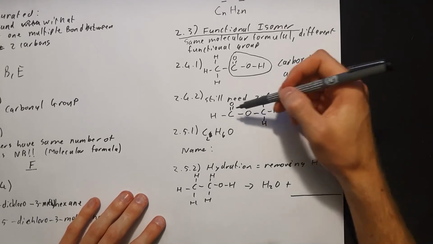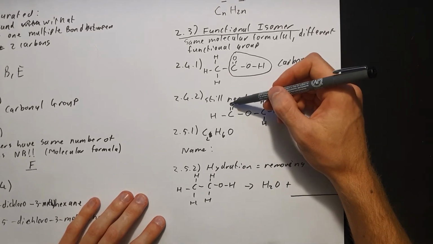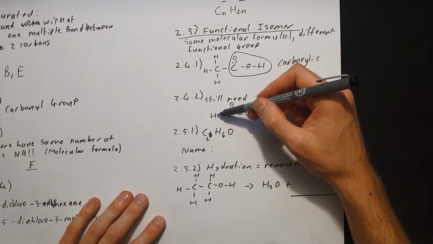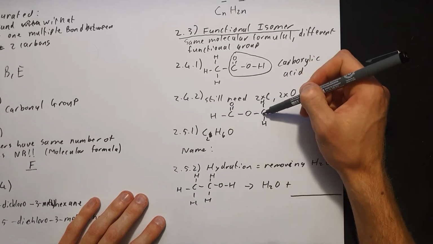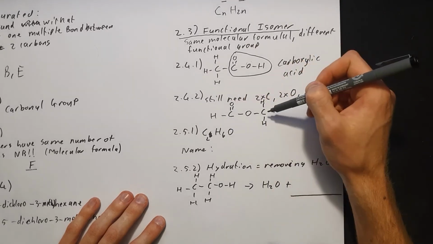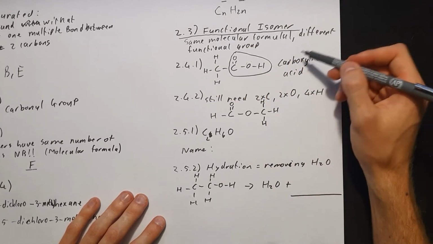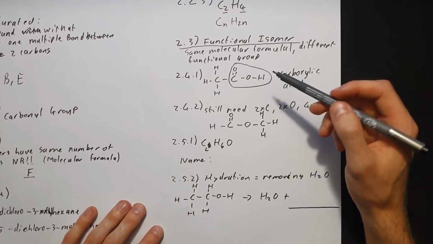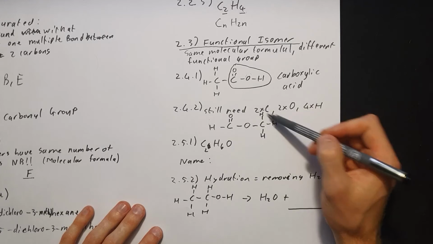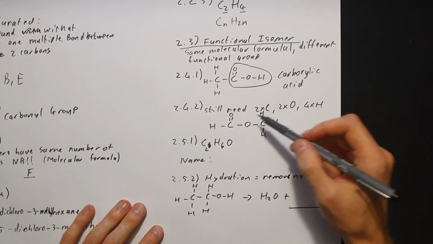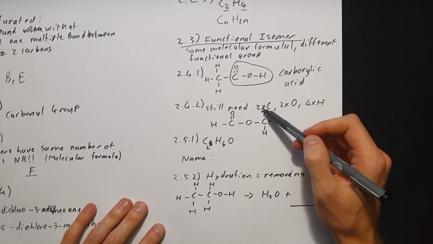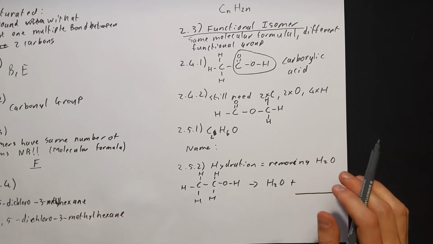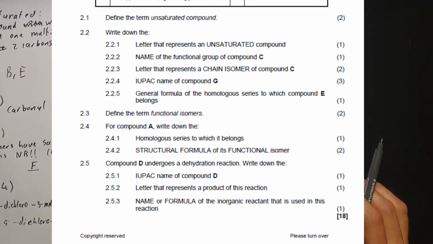So I've kept the double bond, I've just shifted the oxygen to between the 2 carbons. Because remember they asked for a functional isomer, so I have to change the function of it. I've changed it from the double bond oxygen on the end with the single bond oxygen to this over here, and if I recall, this is your ester.